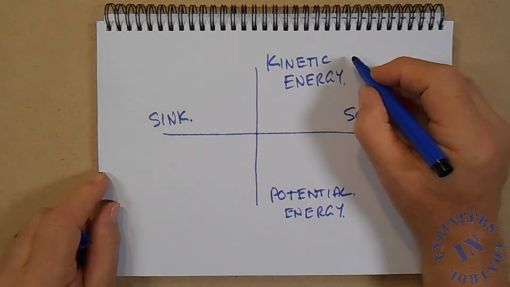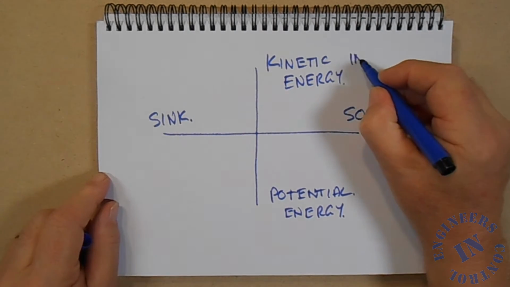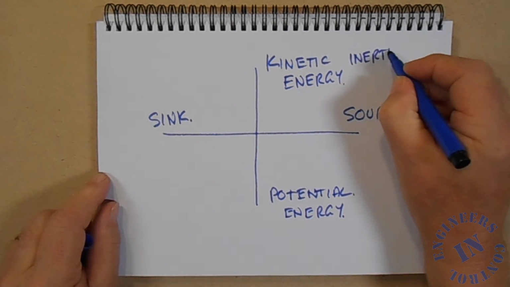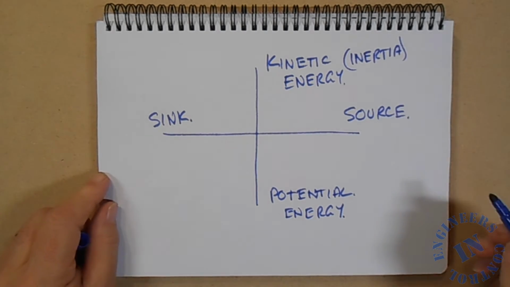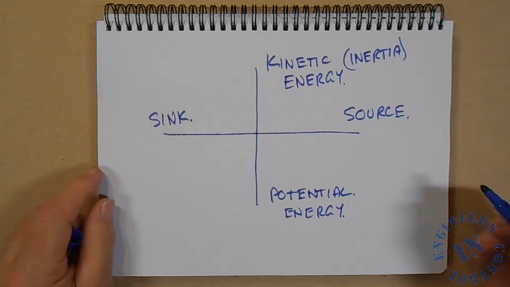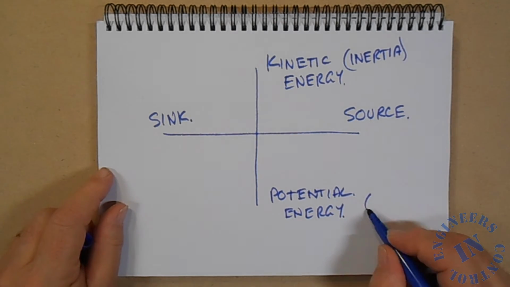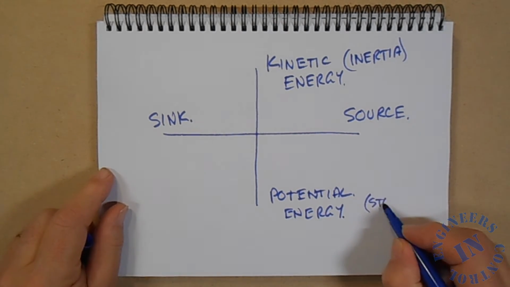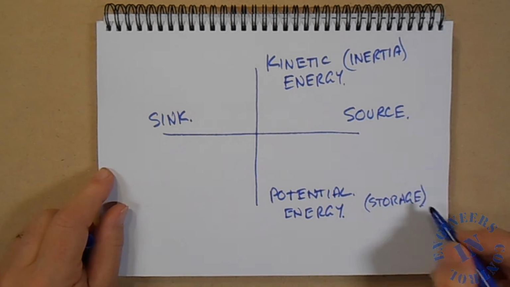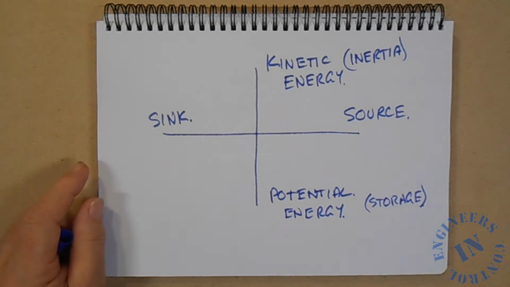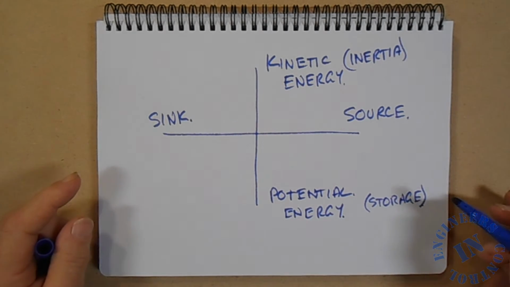Kinetic energy normally would be something like inertia, or inductance in electrical terms. And potential energy is some kind of storage. In electrical terms, that would be a capacitor. In mechanical terms, potential energy would be contained in a spring.